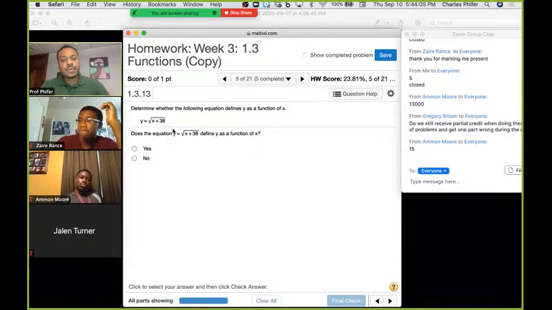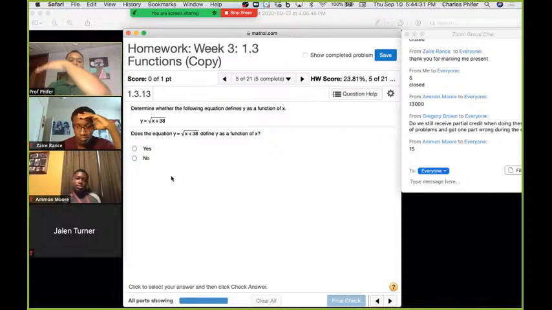Determine whether the function defines y as a function of x. Will this pass or fail the vertical line test? Or can you tell me what this shape is going to look like? We have the square root of x plus 38. Anybody? Square root function. Is that a function, yay or nay? Square root of x. So this graph is going to be the top half of a sideways parabola, something like this.